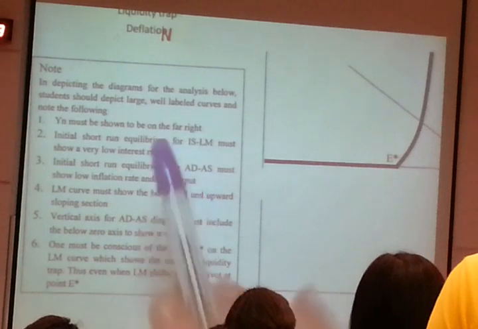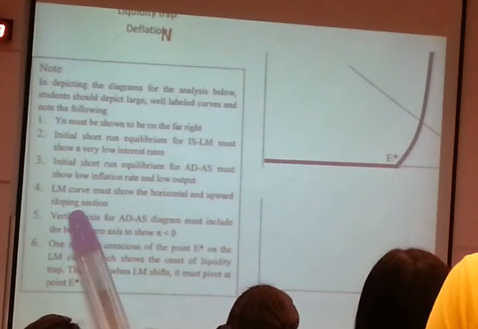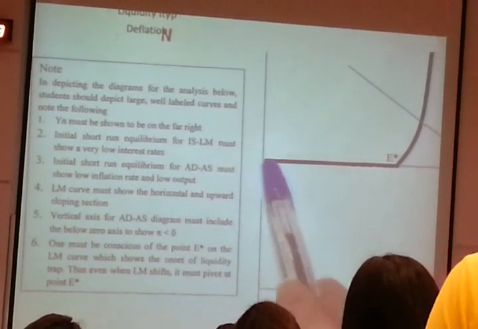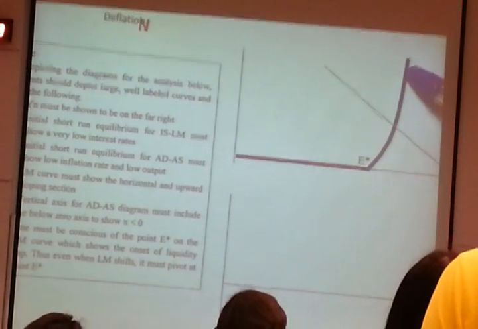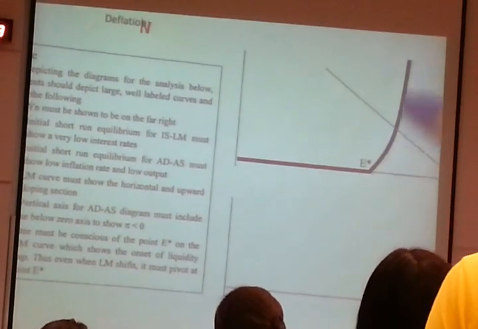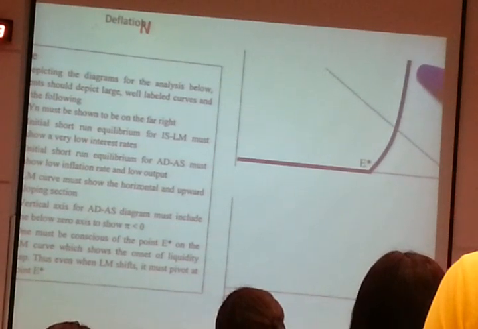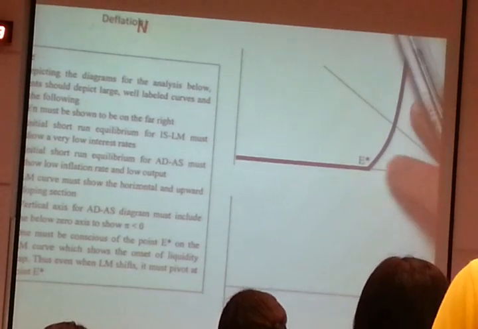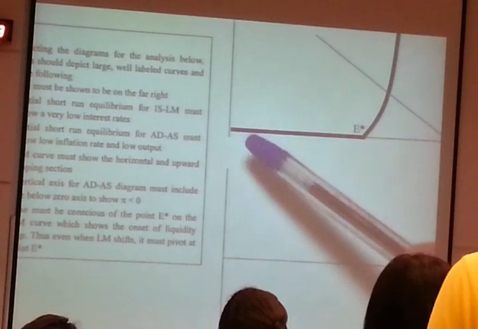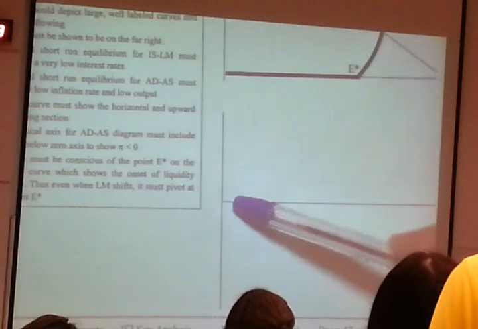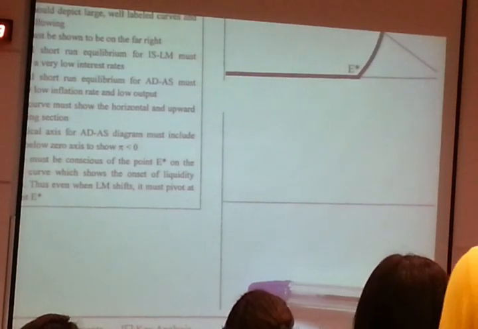But how do you draw your ISLM? Your LM must show the liquidity trap and it must also show the upward segment. You can draw the upward segment as a curve or a straight line. Then the vertical axis for ADAS is no longer pi and 0, but you deliberately include a segment for it to go below 0.